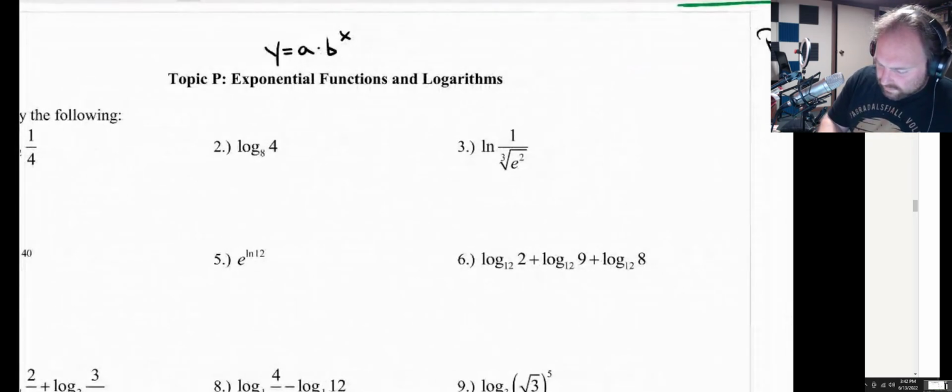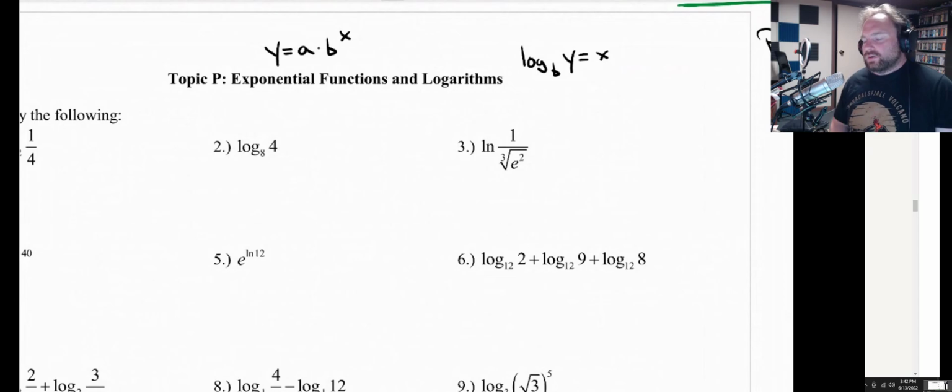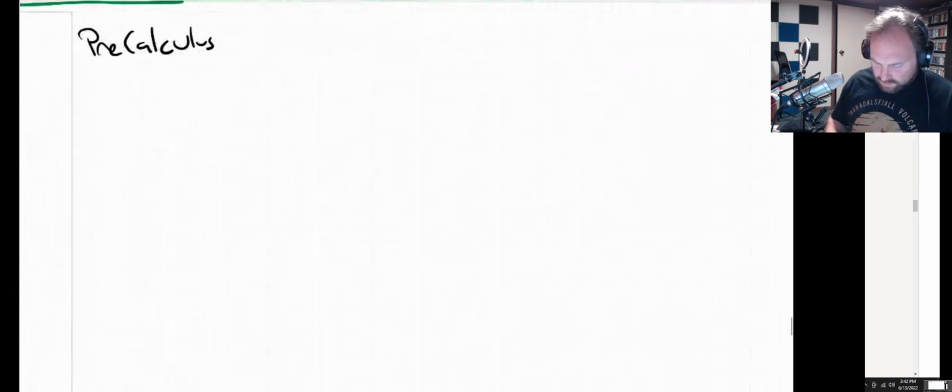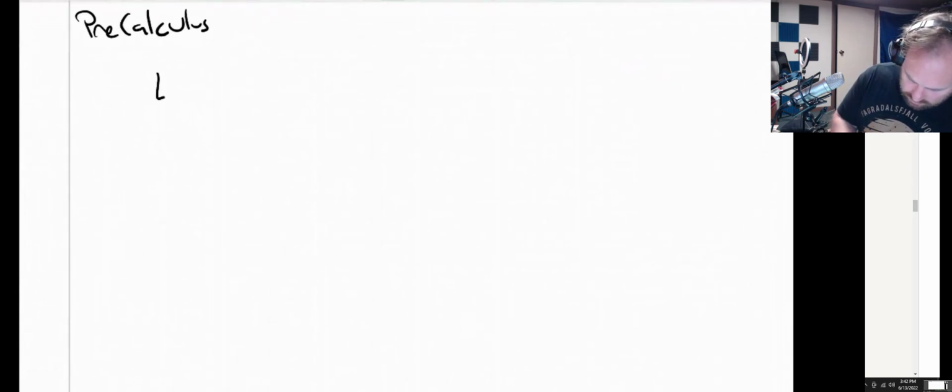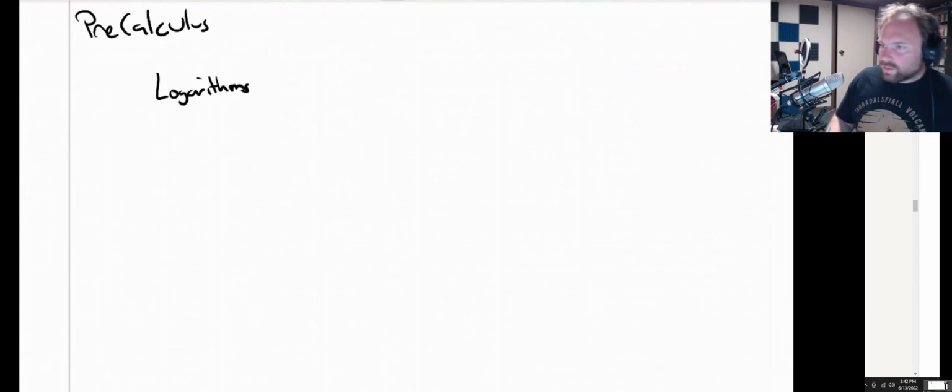In this case, I would say that the logarithm base b of y equals x. Let me think about how I try to explain logarithms. Let me draw you a picture. Let's think about the example 2 to the x power on a number line.